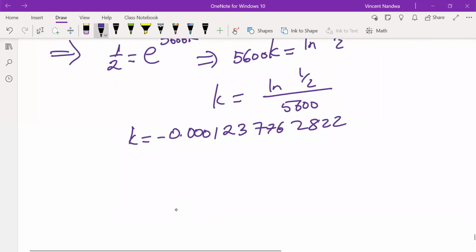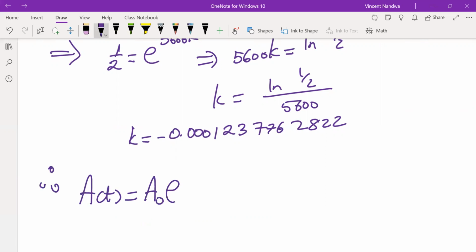So therefore, we get A of t is A naught e raised power negative 0.0001238 t.